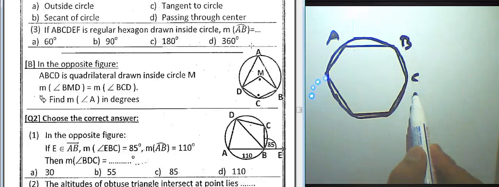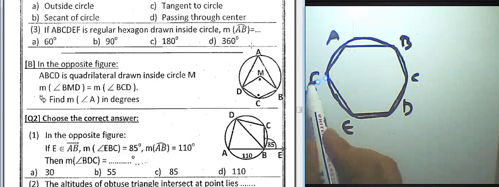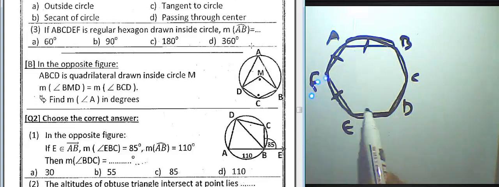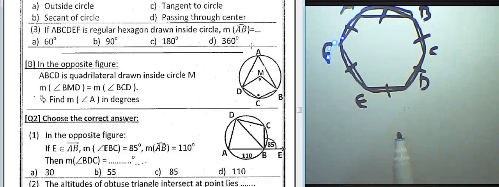Okay, and he asked about arc AB, among A, B, C, D, E, F. He asked about this arc. We know 1, 2, 3, 4, 5, 6: we have 6 arcs equal in length and equal in measure.